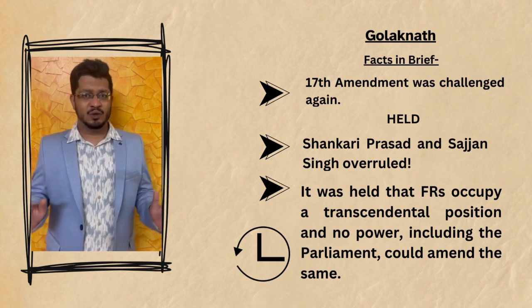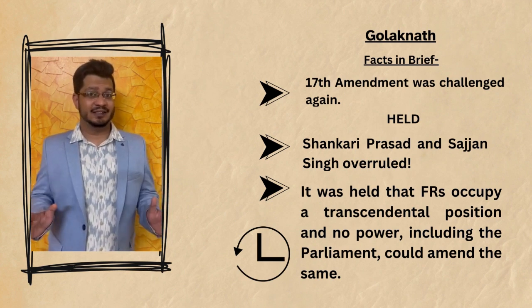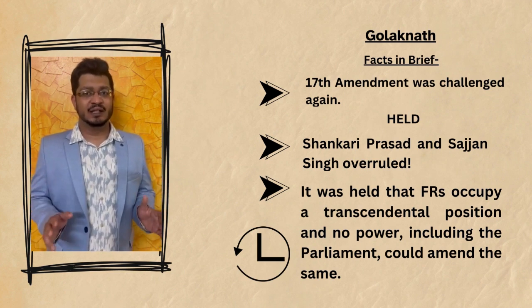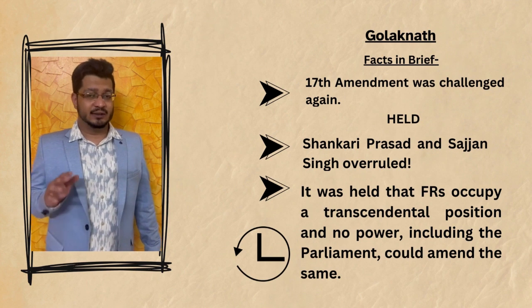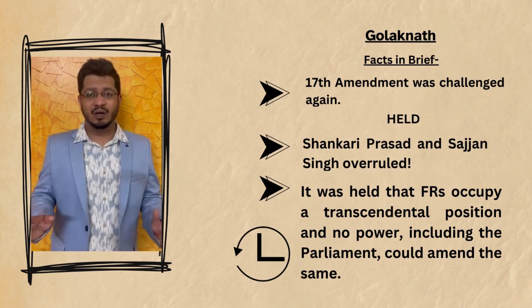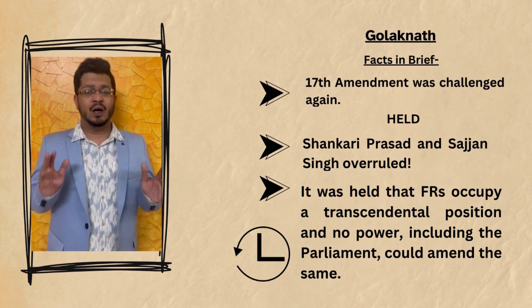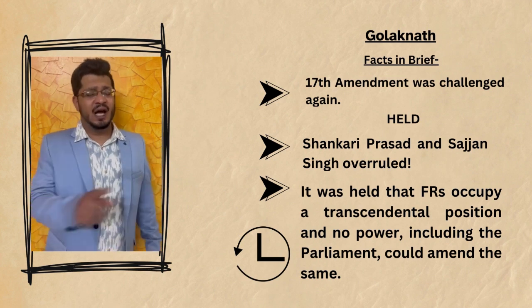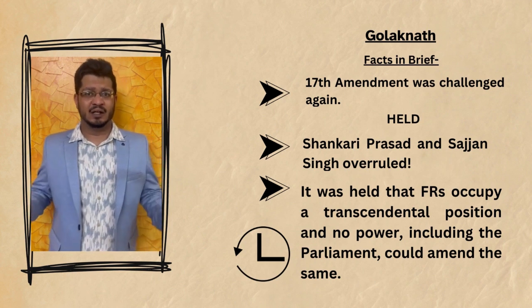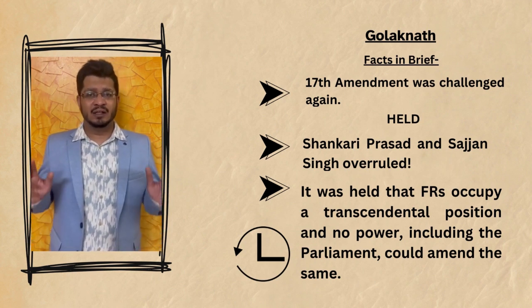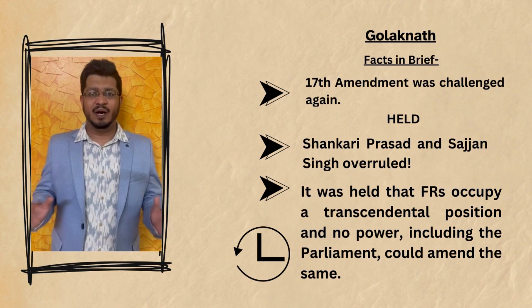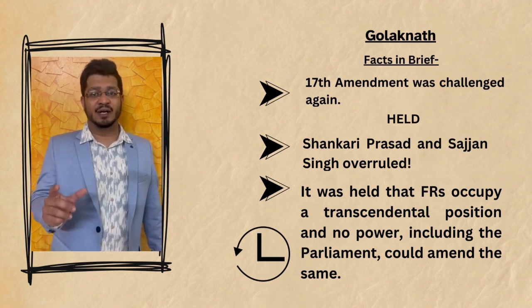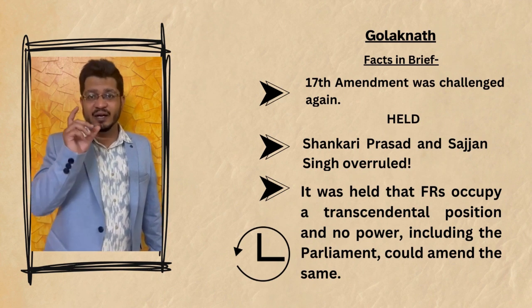Surprisingly, the Supreme Court overruled its earlier decisions which were rendered in the case of Shankari Prasad and Sajjan Singh. Further, the Supreme Court went on to hold that the fundamental rights occupy a transcendental position in the constitutional hierarchy, and no power, none at all, not even the Parliament, had the power or the prerogative to amend fundamental rights. Simply speaking, fundamental rights were unassailable or inviolable.